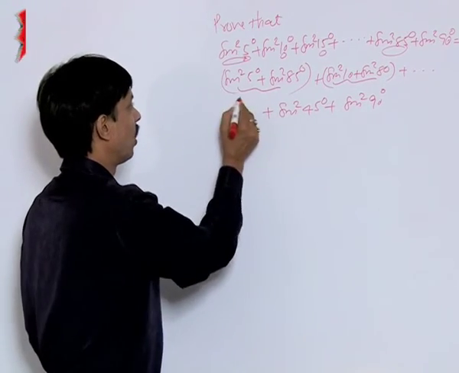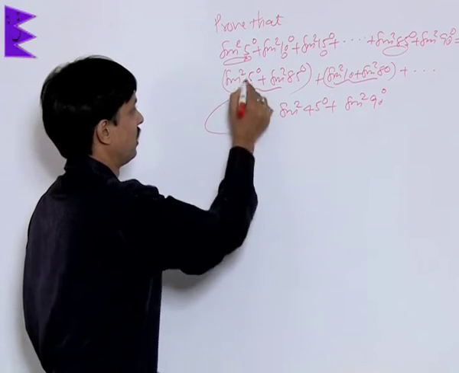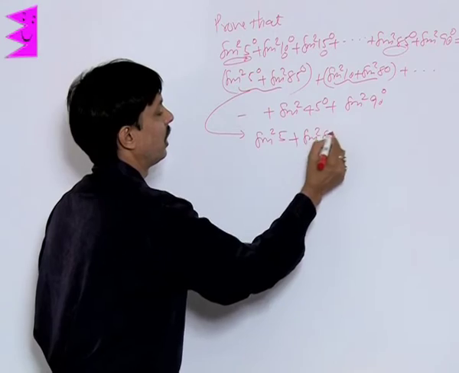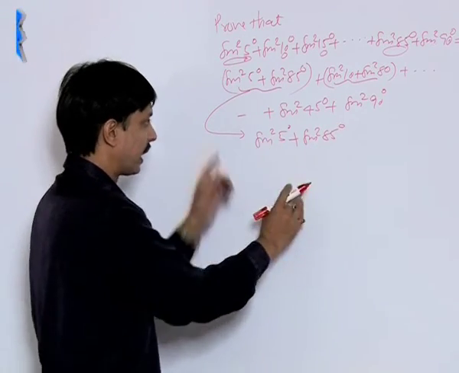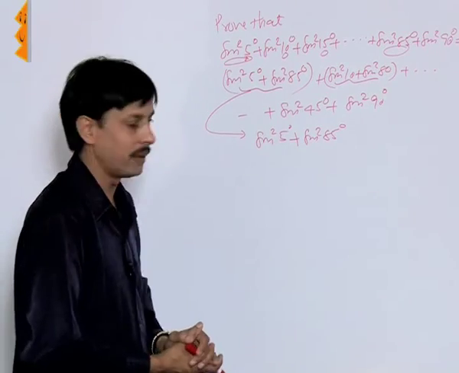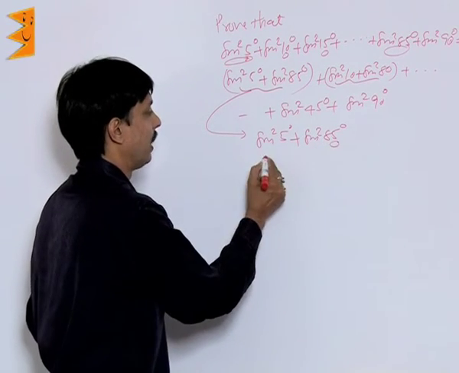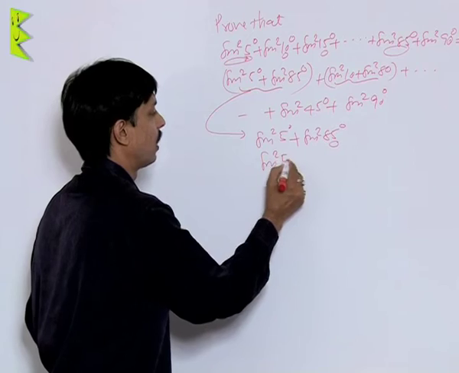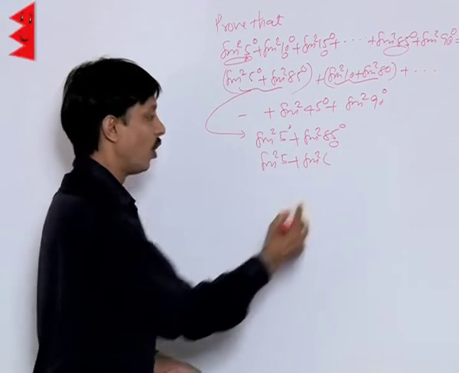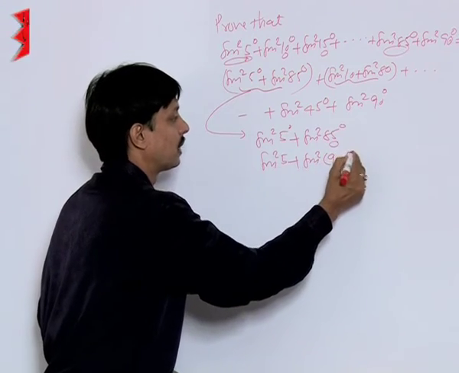So first of all, I would like to show you what this result is. Sine square 5 plus sine square 85. I can change one of them, either sine square 5 or sine square 85. If I change 85, I will say sine square 5 plus sine square, in place of 85, we can write 90 minus 5.